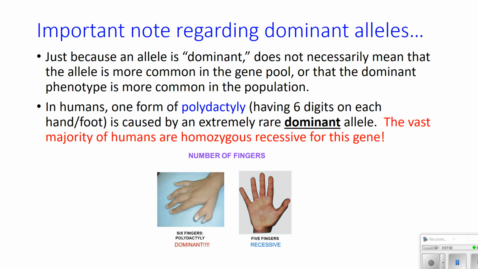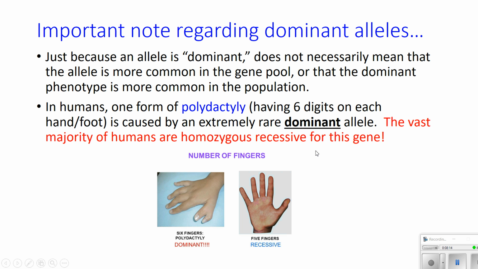And that is actually caused by a dominant allele, which means the vast majority of people on Earth, like 99% of all the people who have just 5 fingers on each hand and 5 toes on each foot, are homozygous recessive.